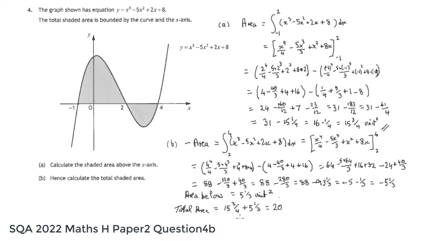Let's think twelfths for this lot. That'll be 9 twelfths plus 4 twelfths. That's 13 twelfths, which is 1 1/12. So we're ending up with 21 1/12 units squared for the total area shaded in this diagram.